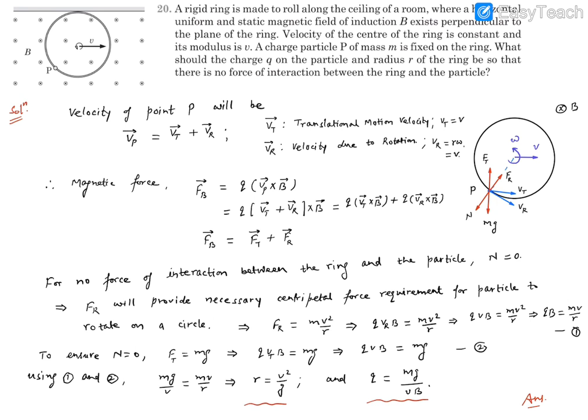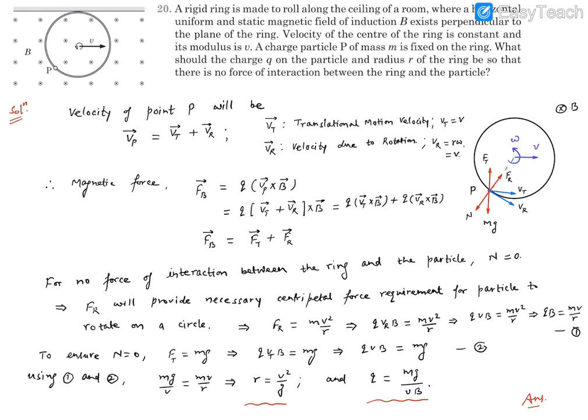So if we make this normal reaction 0, then you'll find we will have these two forces and mg acting on this particle. Moreover, this particle has to move in this circle because of this rotational velocity, and of course in the horizontal direction because of the translational velocity.